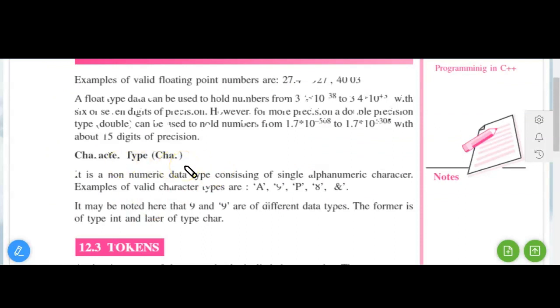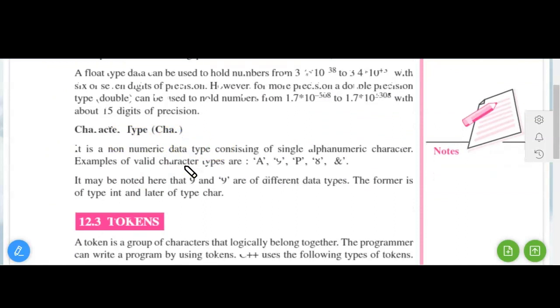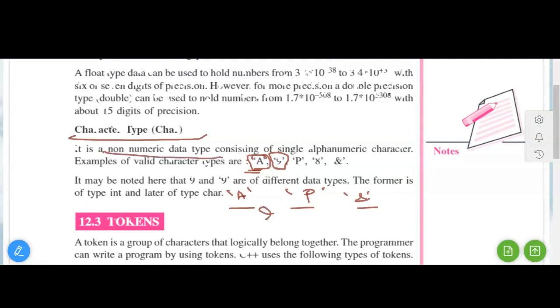Next one is character type. Character type is used for alphabetical values. If you put a value in single quotation marks, it is taken as one character. You can see here alphabet A is in single quotation, alphabet B is in single quotation. These are taken as one character. They are a non-numeric data type. You can also see 9 is mentioned, but when 9 comes inside single quotation marks, it becomes a character.